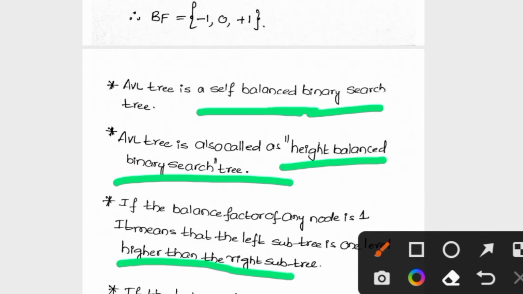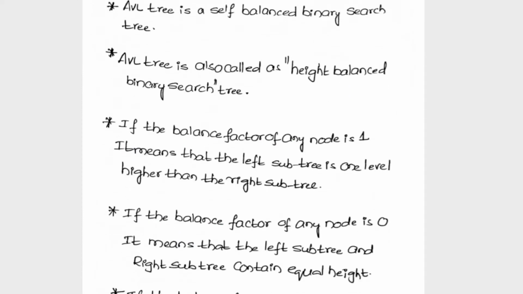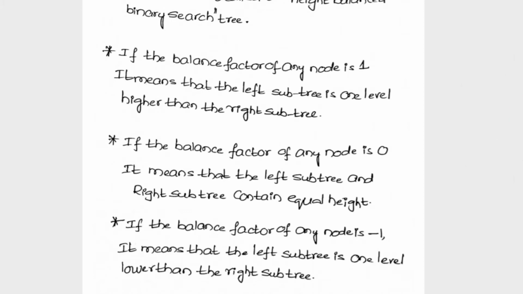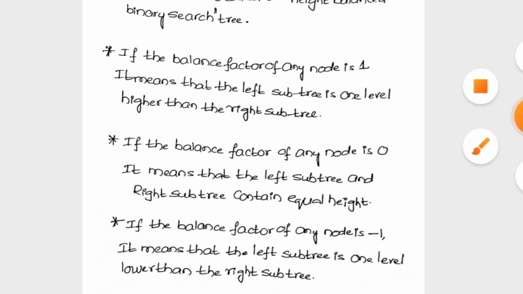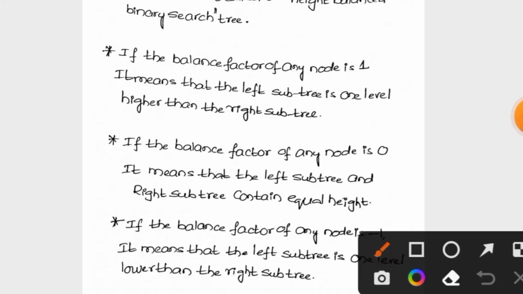If the balance factor of any node is 0, then the height of the left subtree and the height of the right subtree are both equal. If the balance factor is -1, the left subtree level is lower than the right subtree level. So like this we can calculate the balance factor.